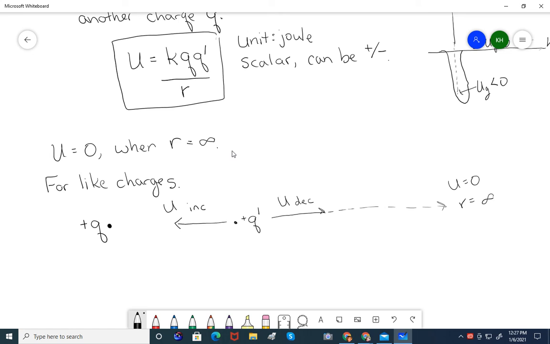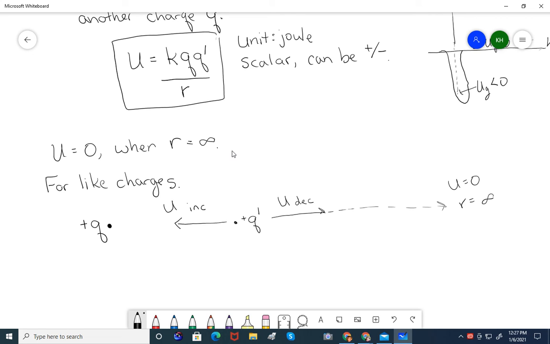With masses, if we think about gravity, we have the most potential energy when we get higher and higher above the Earth, where that distance is bigger. But for like charges, which is a repulsive force, the potential energy increases as I bring this charge closer and closer. Bringing this charge closer and closer is rather like compressing a spring.